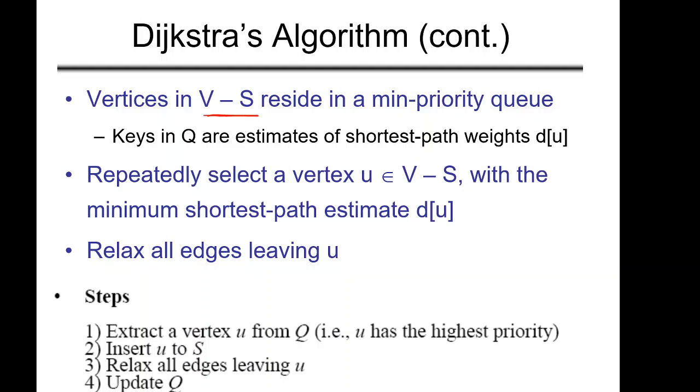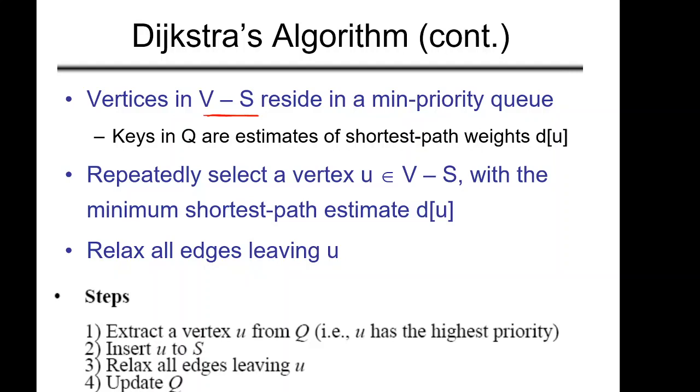Now keys in the queue are estimates of shortest path weights d[u], right? So each vertex in the queue contains the value of d[u], that is the estimated shortest path weight.